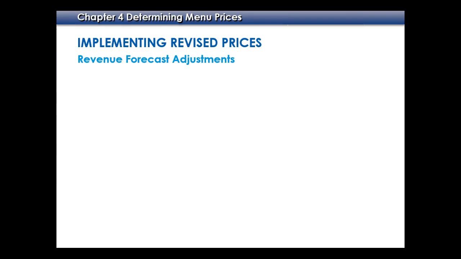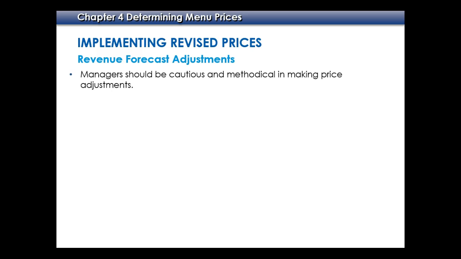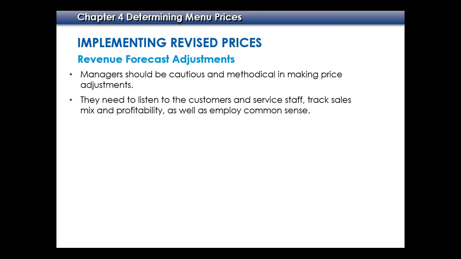So, implementing revised prices. If you look at the revenue forecast adjustments, managers need to be cautious and very methodical when making the price adjustments. They need to listen to what the customer and the service staff want, track your sales mix and profitability, as well as employ some common sense.